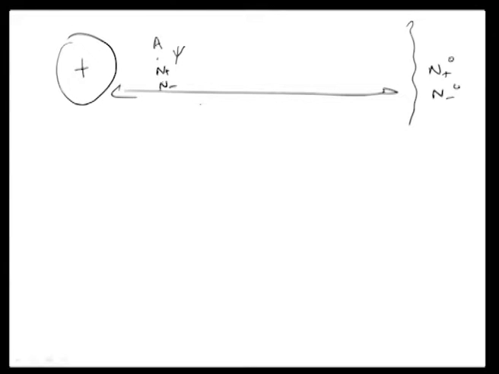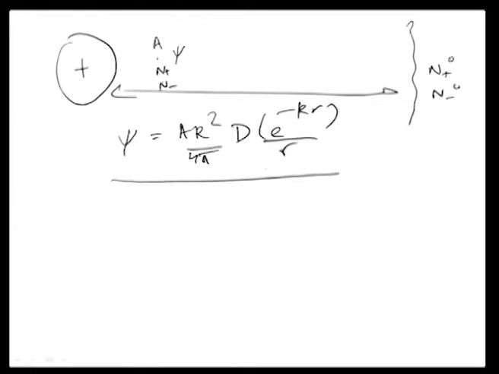We found the potential arising out of this situation, and xi was represented as A square of k by 4 pi dielectric constant D times e to the power of minus kr by r. Okay. So, that is how xi, or potential at point A, would be as a function of r.